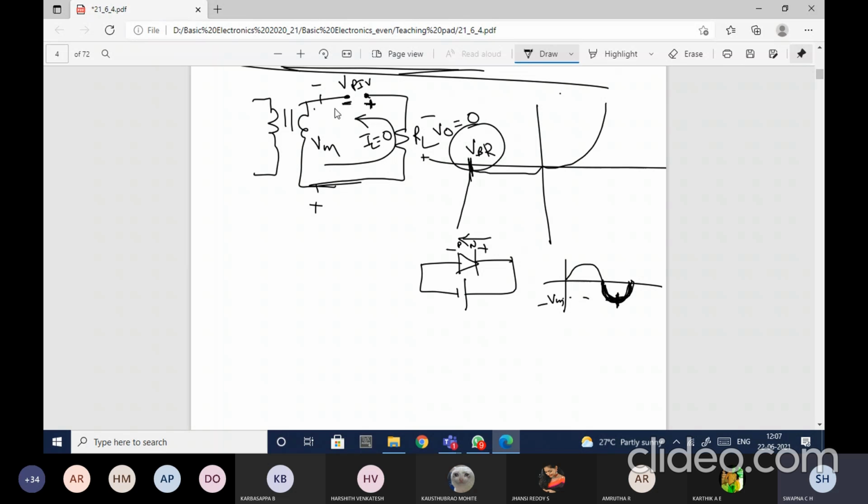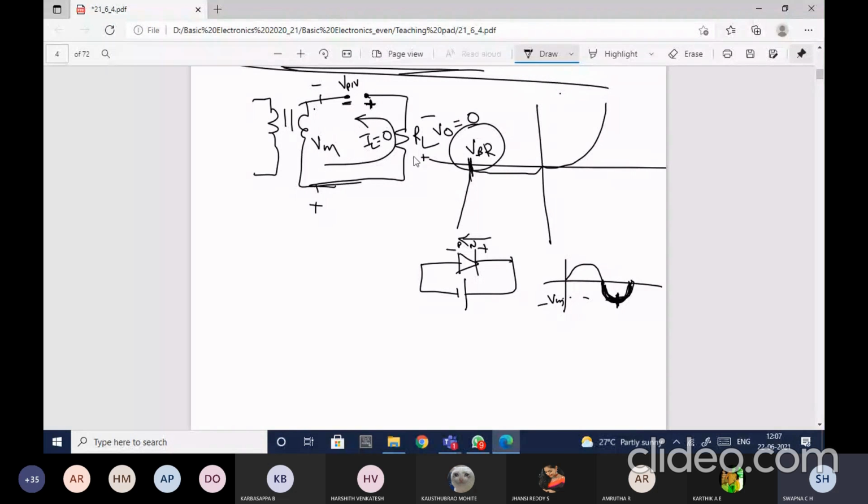Since it is reverse biased, I need to find out how much voltage the diode can withstand, so the peak inverse voltage across the diode. The voltage across the diode itself I have given as VPIV. In order to find this voltage, let me apply KVL.